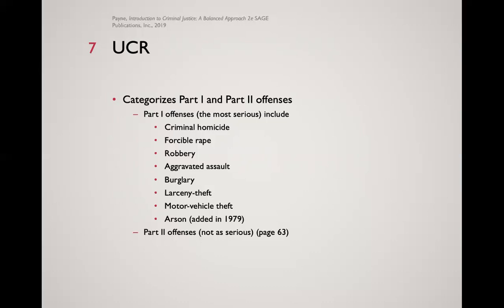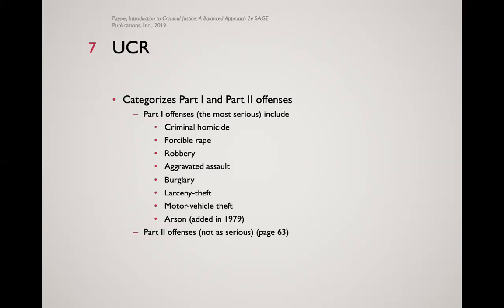It's also important to realize how they define these crimes. We're just going to talk about Part 1 offenses for right now. One of the main things to get across in this chapter is that the definition of crimes and the way data is taken is important to know when it comes to analyzing information. Criminal homicide combines murder and non-negligent homicide.